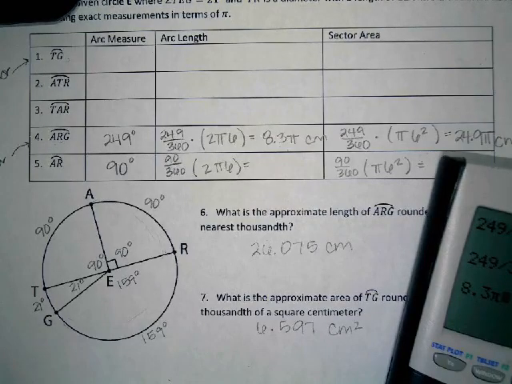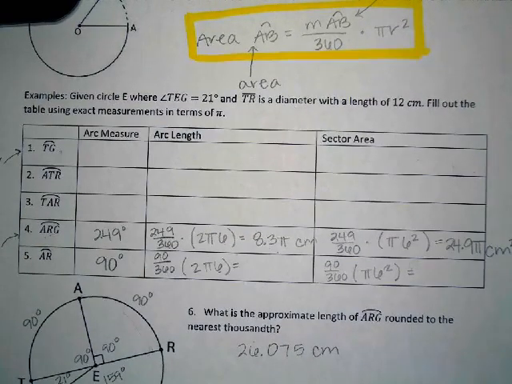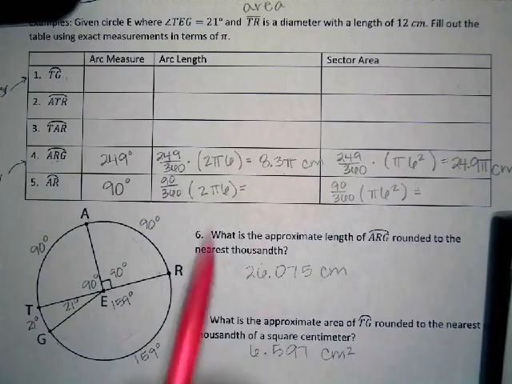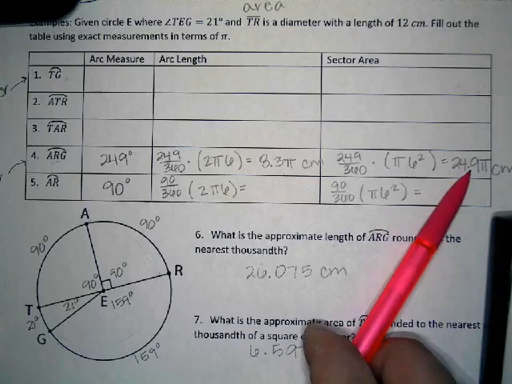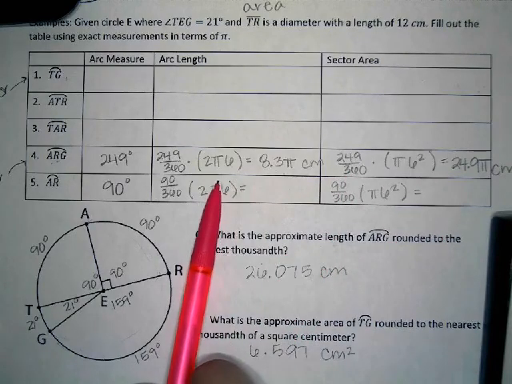The measure is 249, and the answer is 24.9. And then with this one, you put in 90 and you got 9. So you would put the 0 behind the decimal.